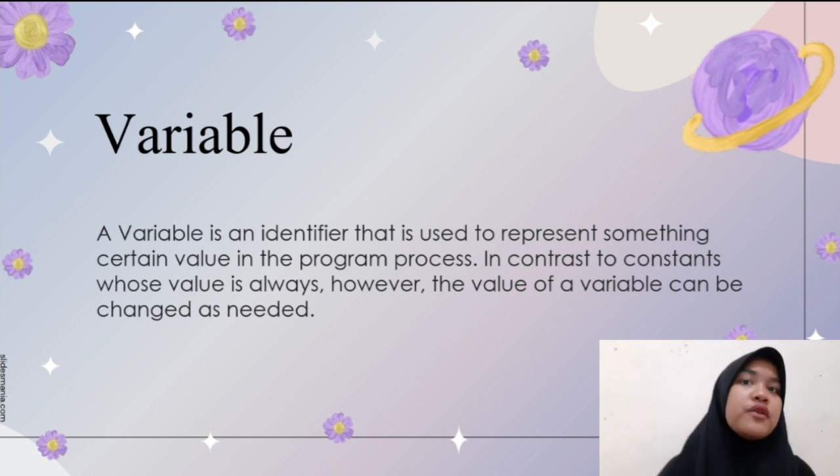The name of a variable can be determined by the programmer with the following rules. Number 1, consists of a combination of letters and numbers with the first character having to be a letter. The C++ language is case sensitive, meaning that uppercase and lowercase are considered different.